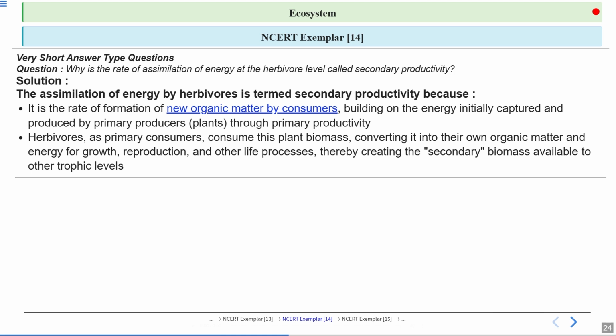After consuming the plants, they assimilate the energy from that plant matter and use it for their own needs such as growth and reproduction. The new biomass they produce, whether in their own bodies or in their offspring, is what is then available to the next trophic level like carnivores. So this new biomass represents the secondary productivity of the ecosystem.